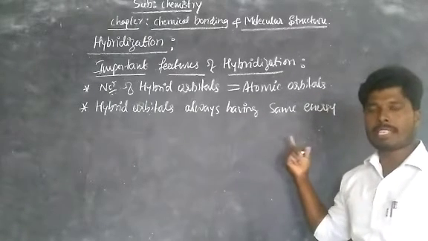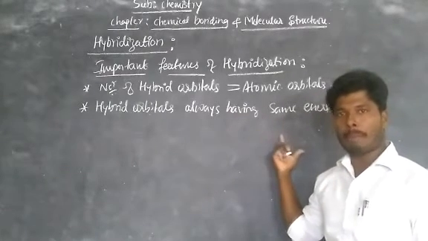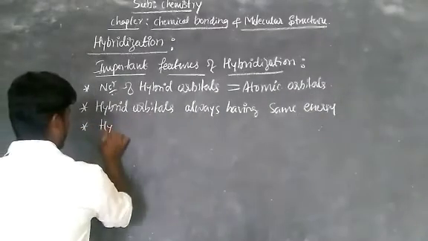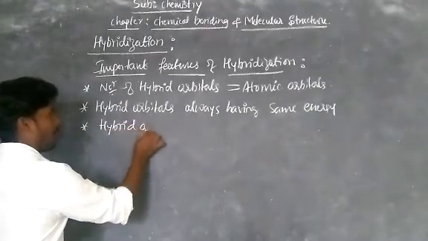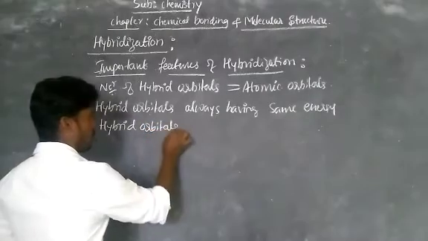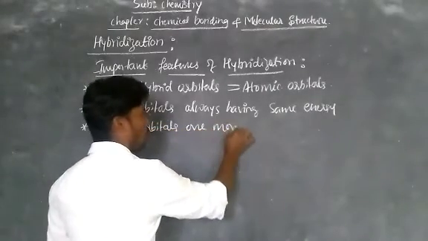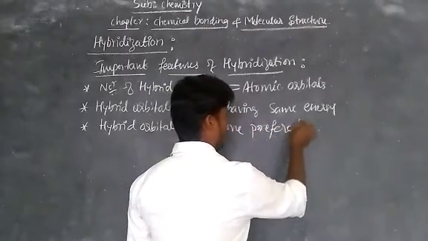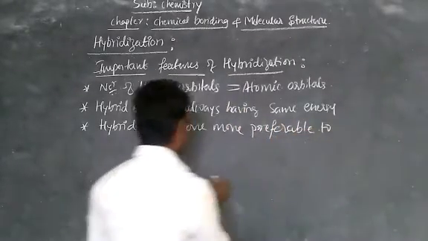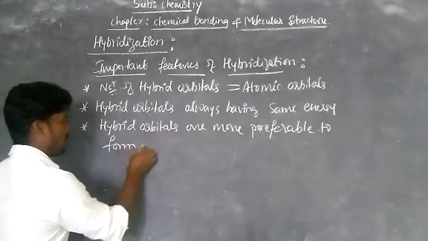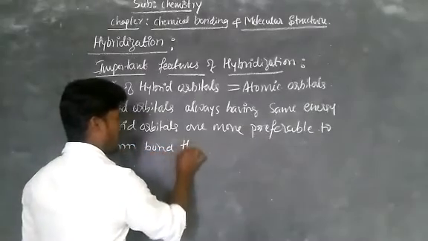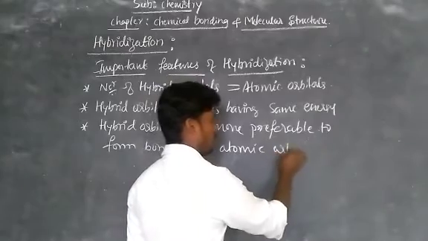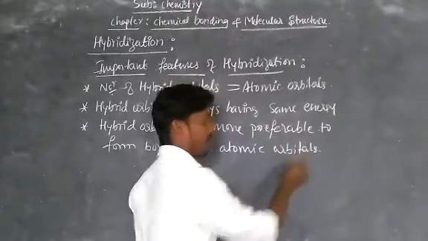Then the third one: hybrid orbitals are more preferable to form a bond than atomic orbitals. This is the third one.